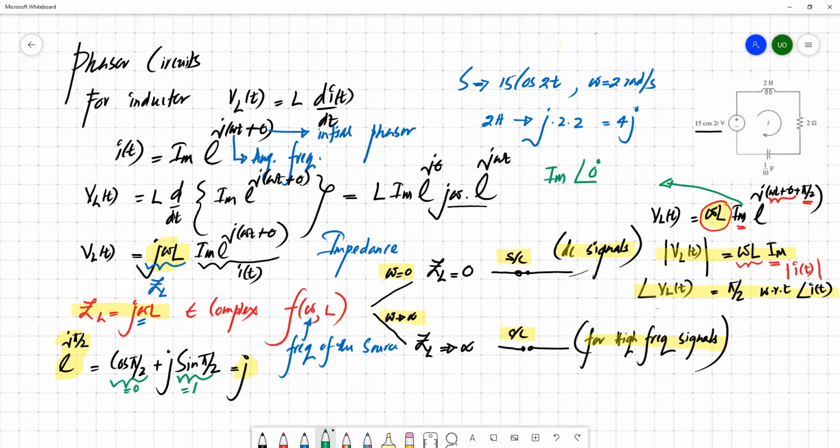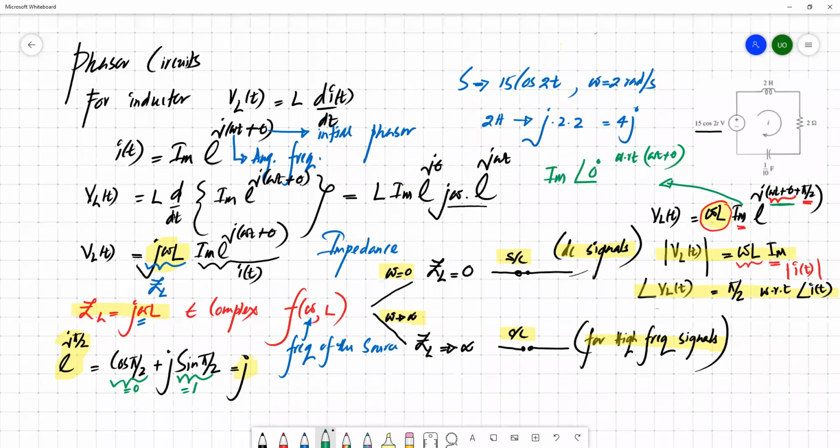Everything is measured with respect to this omega t plus theta, so that's why the angle is 0.